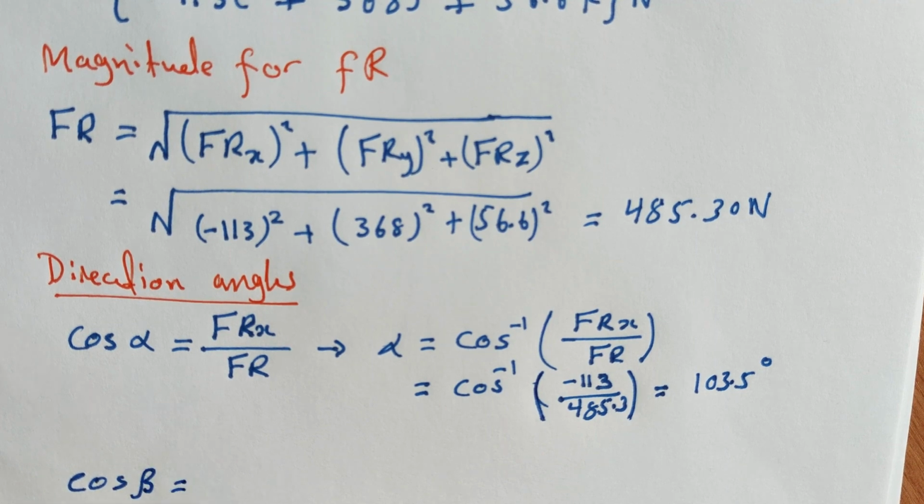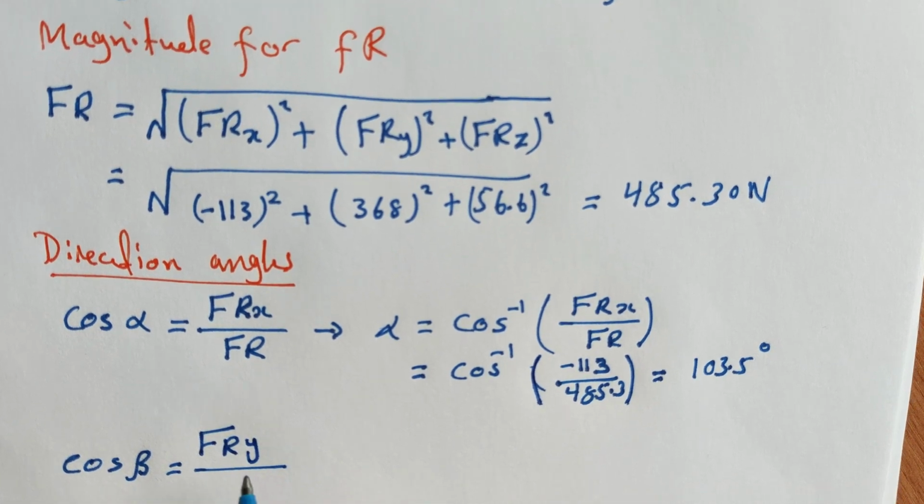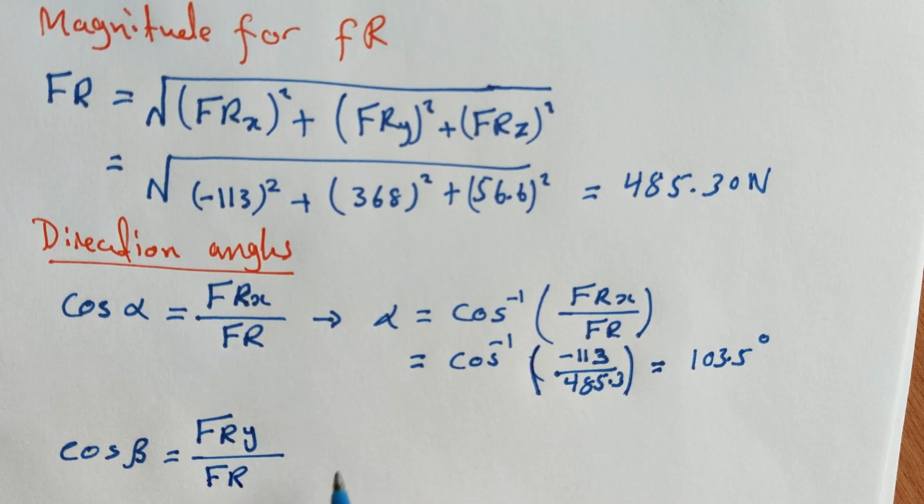beta equal to FR, the resultant force on the y direction, divided by the magnitude of the resultant force.